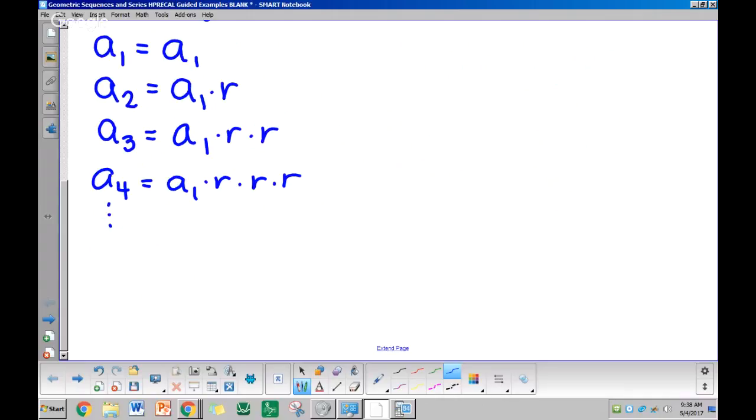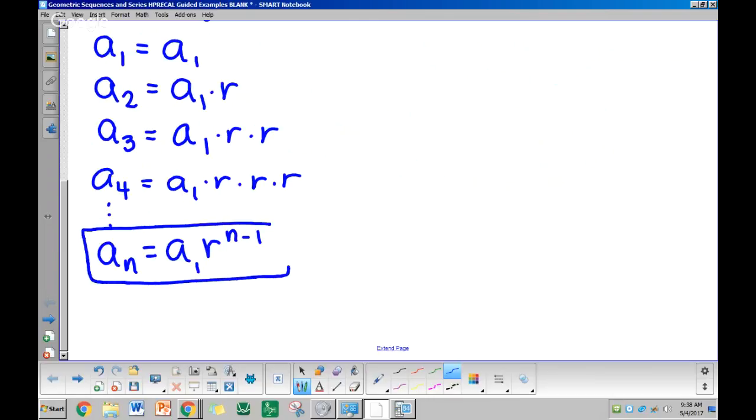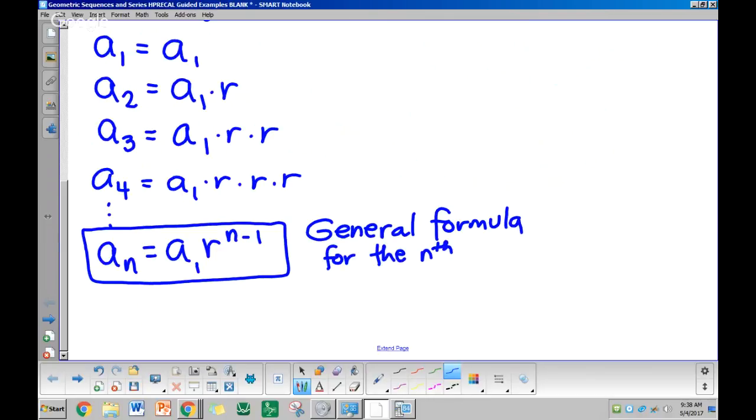Can I say what I'm thinking? Are you thinking a sub n? Are you ready to go there? Yeah. All right, go. I think it's a sub 1 times r to the n minus 1 power. Yes, nice. And so this is the general formula for the nth term of a geometric sequence.